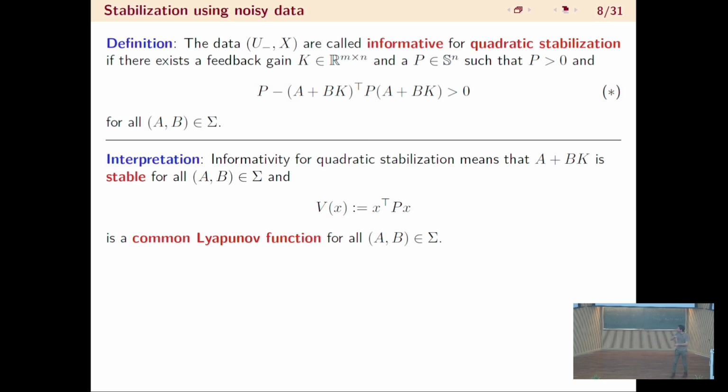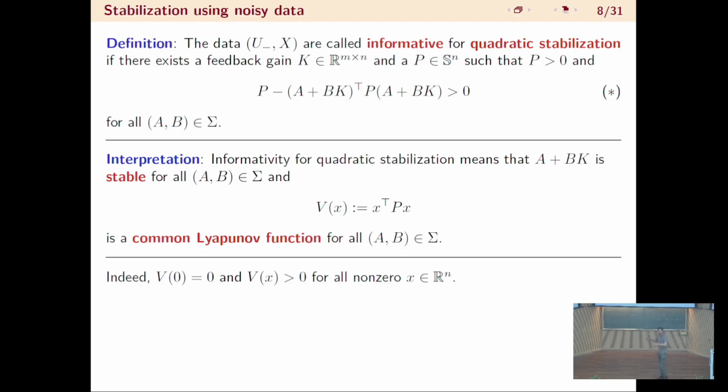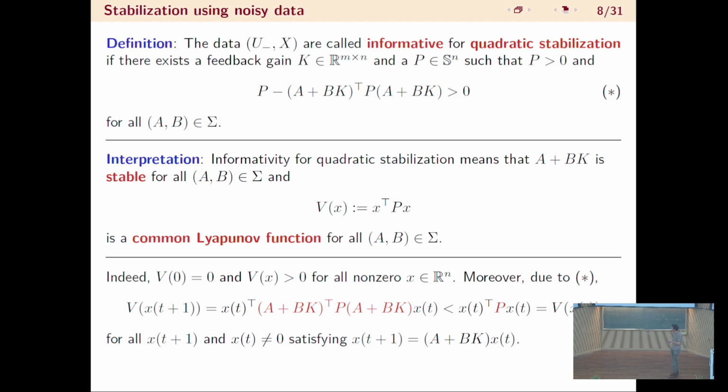Maybe I can also provide a little bit more explanation. When was a function a Lyapunov function again? A function is a Lyapunov function if it is itself positive definite. So V(x) is positive for all non-zero x, and V at 0 is 0. So V is a positive definite function. And moreover, along the trajectories of our closed loop system, this Lyapunov function must decay.